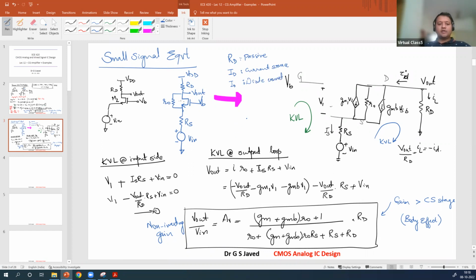In that case, what will happen? Your RD becomes a constant current source. Then the effective total resistance will change and become only the numerator, gm plus gmb R0 plus 1, because RD will become infinity for an ideal source. So the moment this infinity factor comes in, this makes no sense in that case, right?